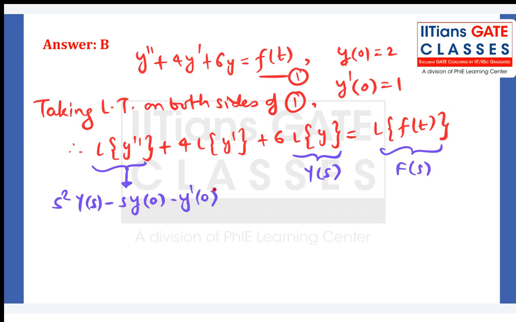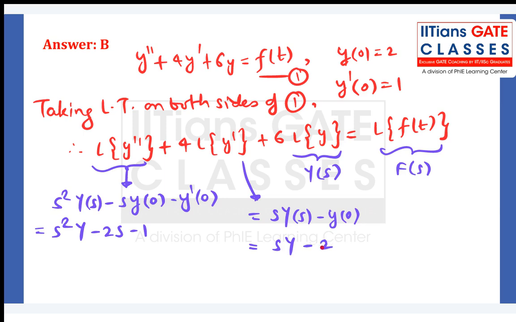So that will be nothing but s square Y, I'm not writing Y of s everywhere, and y of 0 is 2, so this becomes 2s, and y dash of 0 is 1, so this becomes minus 1. This term will be the Laplace transform of y dash, so that will be s into capital Y minus y of 0. These are standard formulas, and y of 0 is 2.